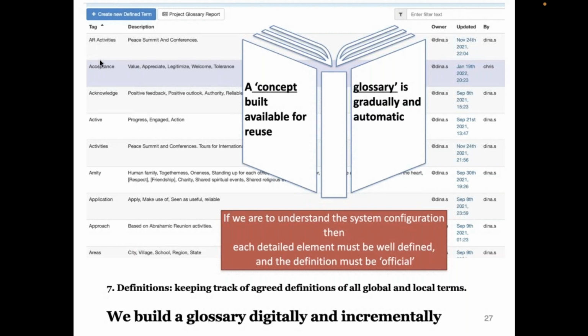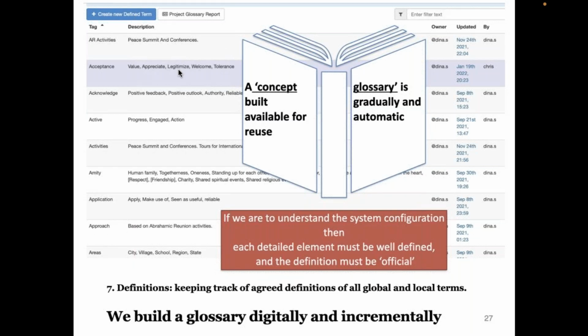But then as we go along, as we develop concepts for innocent words like the word active or the word acceptance, we define them and then we hit a little button saying, make this definition formal and the only one in our project gallery. So when we use this term again, it will automatically retrieve the current updated definition and use it.